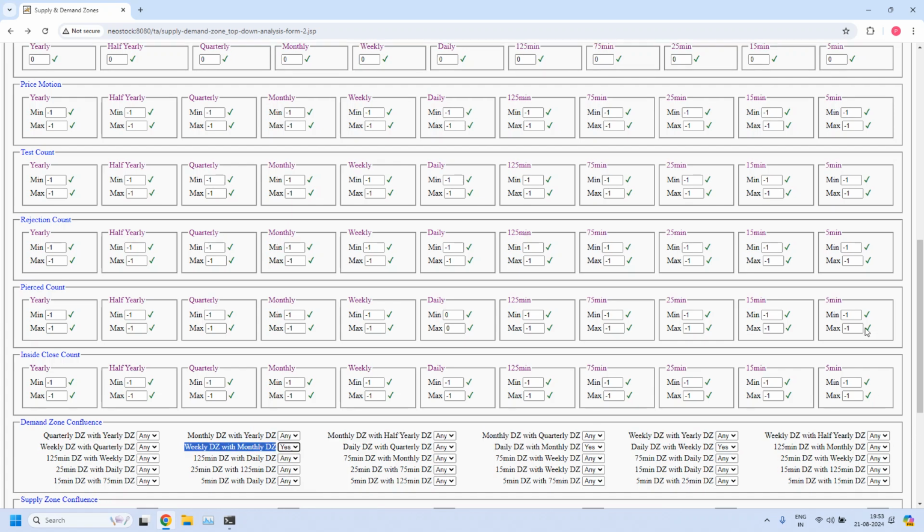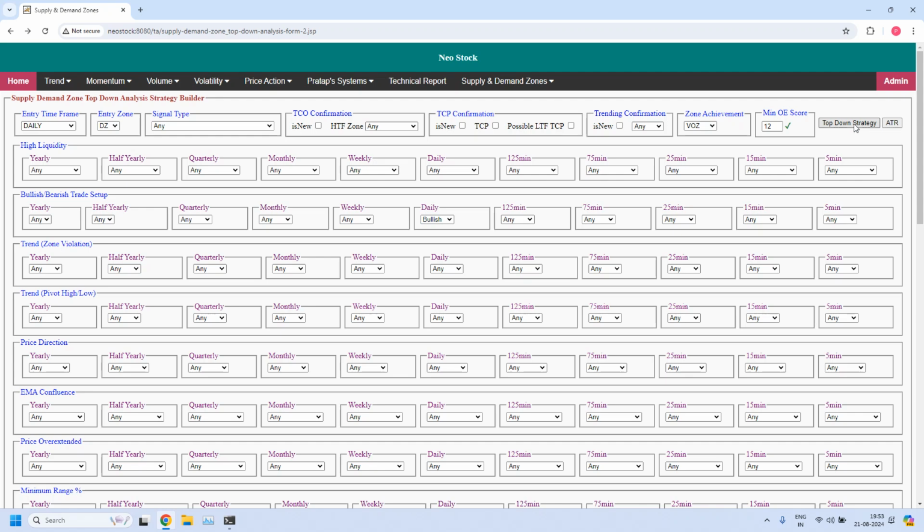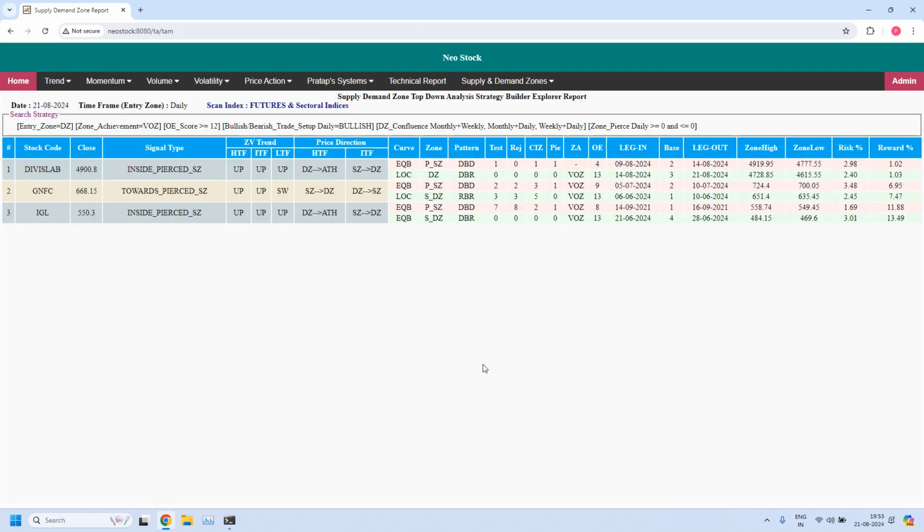So LTF, ITF and HTF zone confluence, that is daily, weekly and monthly confluence. So these three stocks are currently supporting. Okay, this is about demand zone confluence for monthly income trade.